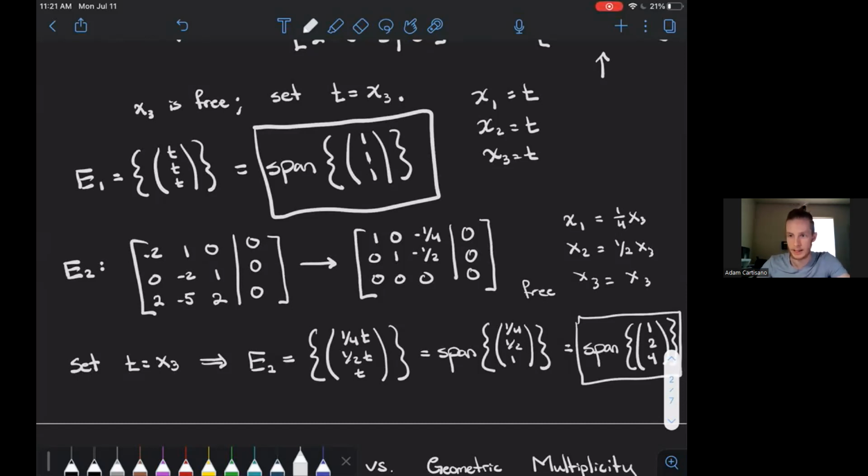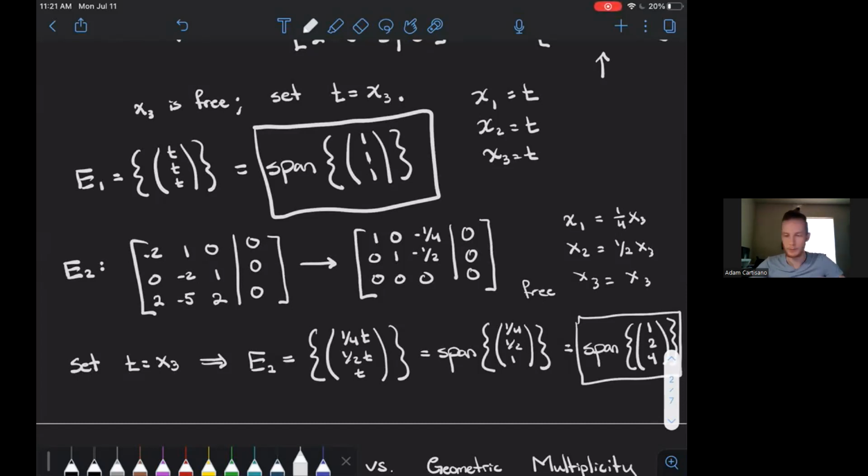That's what the eigenspace contains, a bunch of eigenvectors of that form. However, that eigenspace is a subspace, and that subspace has a dimension. The dimension of that subspace, we're going to call the geometric multiplicity.